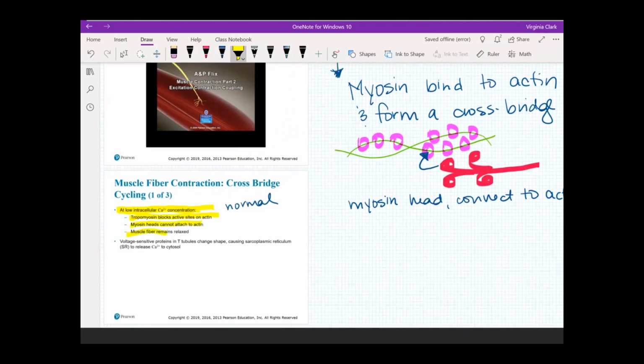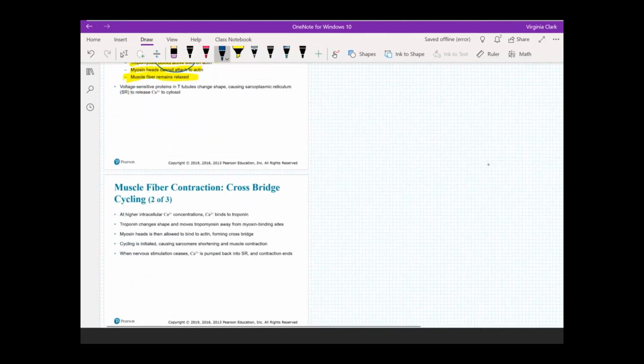So the muscle fiber is relaxed. This is normal, no activity, no contraction. The only reason we'll have contraction is because we will change the calcium concentration. So now that we've formed a cross bridge, we're going to go through part B, which was cross bridge cycling.